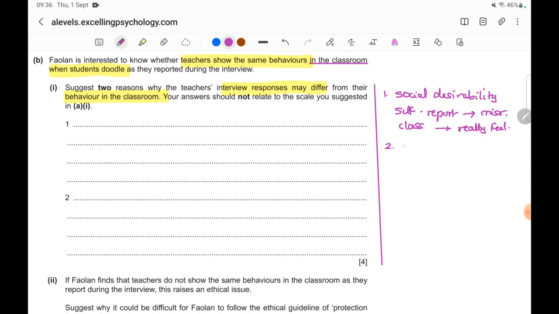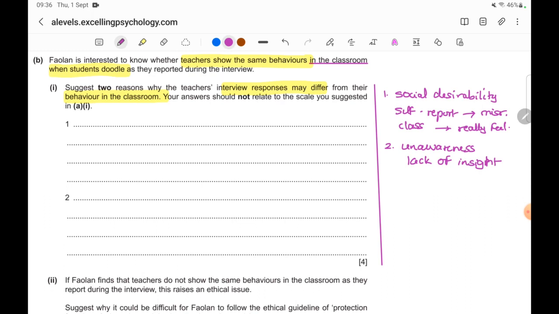So there's something we would call unawareness. When we report things on self-report, we are being honest on our part, but we don't realize it, a lack of insight we could say. We don't realize how we tend to behave really. So it might be the case with these teachers also.